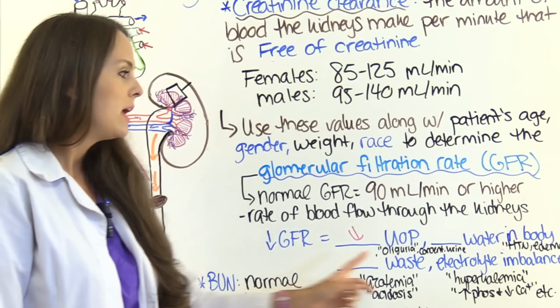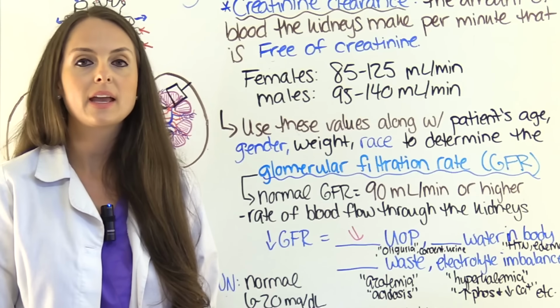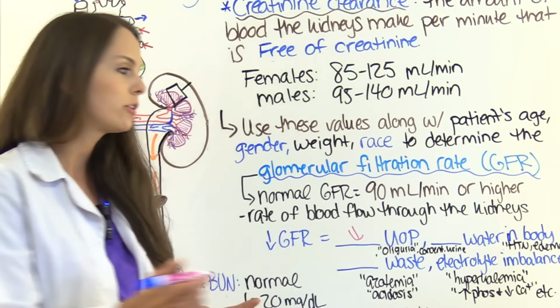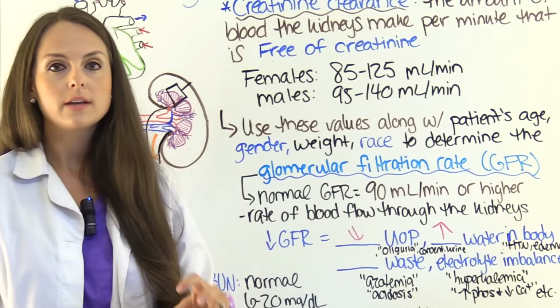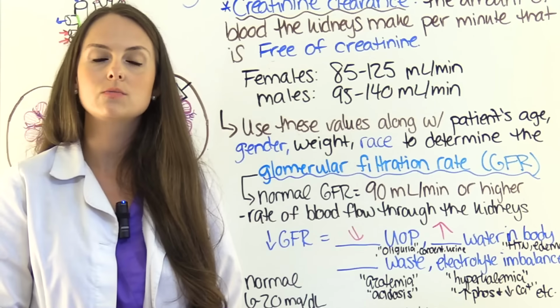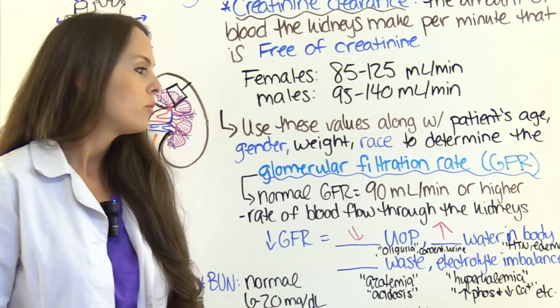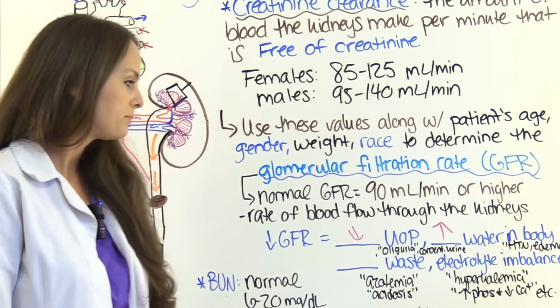It's decreased. What is going to happen to the water in the body? It is going to increase because the glomerulus is not removing the right amount of water, so it's going to stay in the blood. What's going to happen when we have too much water in the blood? We're going to get some hypertension, edema, swelling.